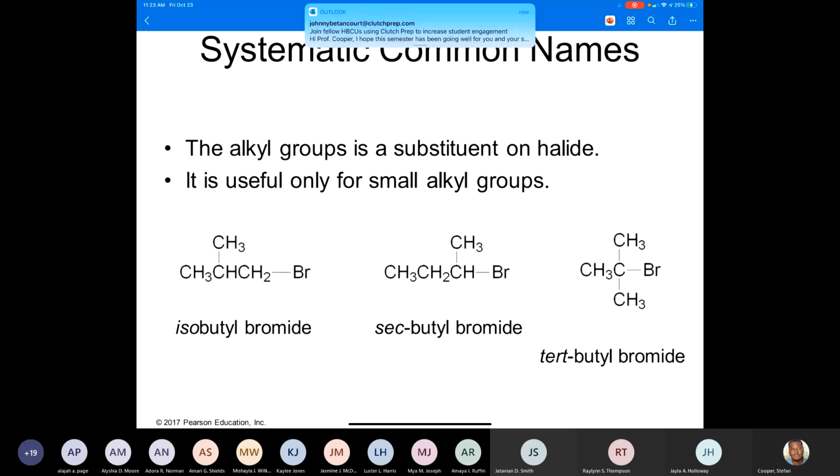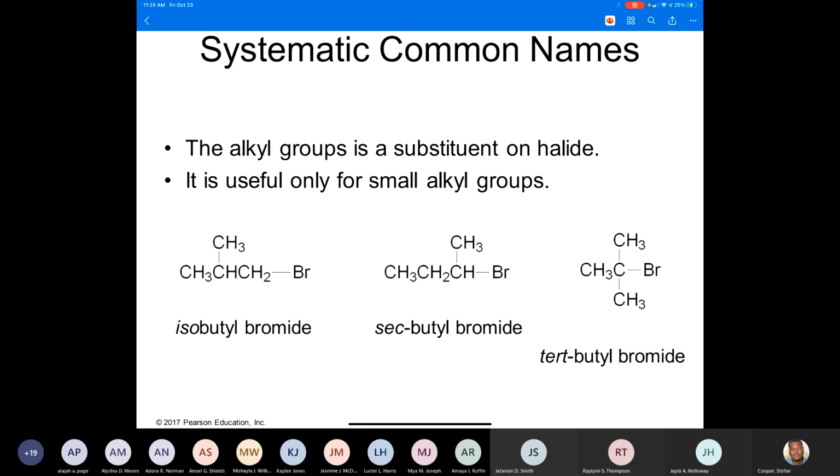All right, the next example is butyl bromide. Can you guys tell me the systematic name for that compound? If I had to ask you to give me the real name or the systematic IUPAC name, what would you call butyl bromide? Any takers? I have a question.